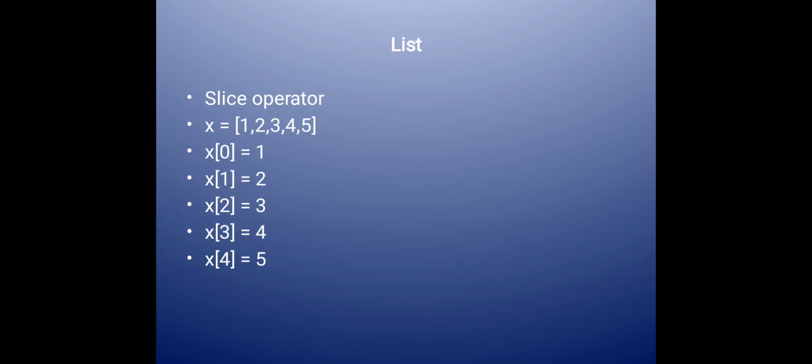Then coming to the slice operator, that is the indexing. Here we have taken a list of digits, x is equal to 1, 2, 3, 4, 5. This part we already discussed in the string. That means the indexing is of two types, positive indexing and negative indexing.